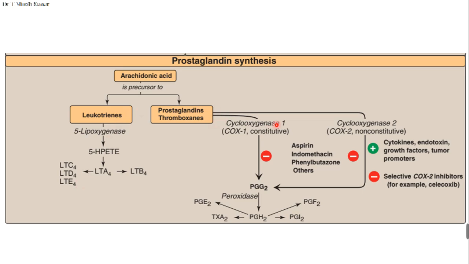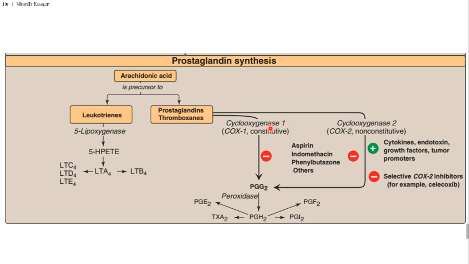You can see here cyclooxygenase 1, this enzyme involved in the formation of PGG2. At the same time, COX2, that is cyclooxygenase 2, is also involved. Cyclooxygenase 1 is very important because this is the target site for the majority of anti-inflammatory substances. For example, aspirin.